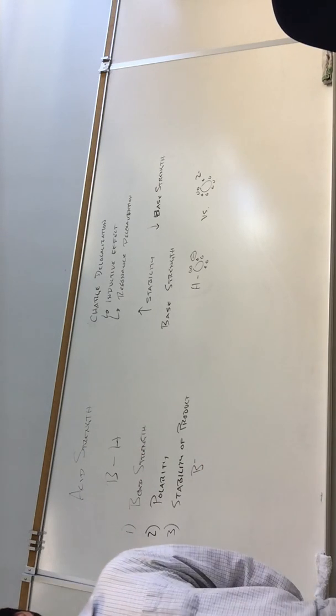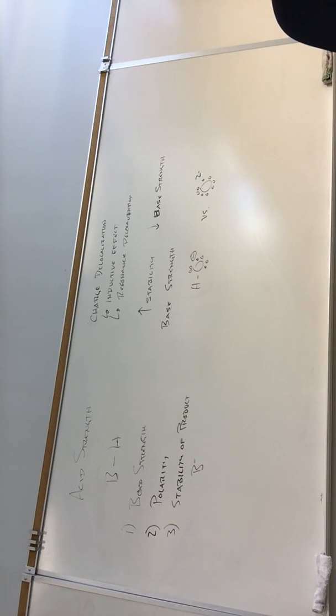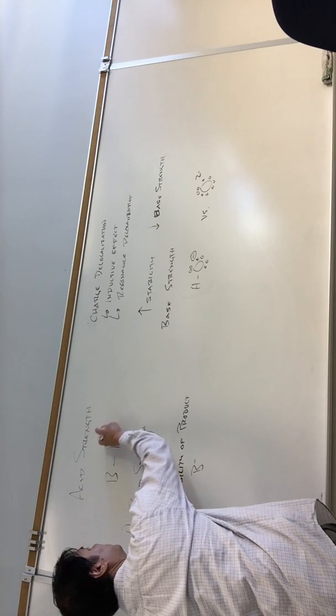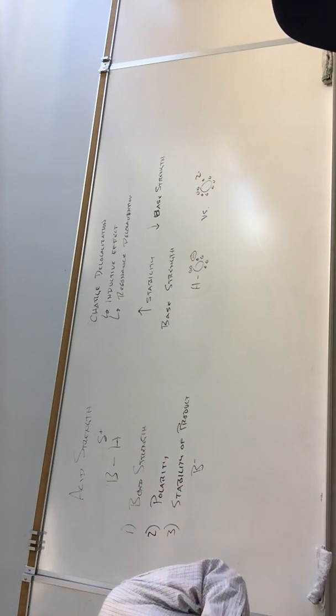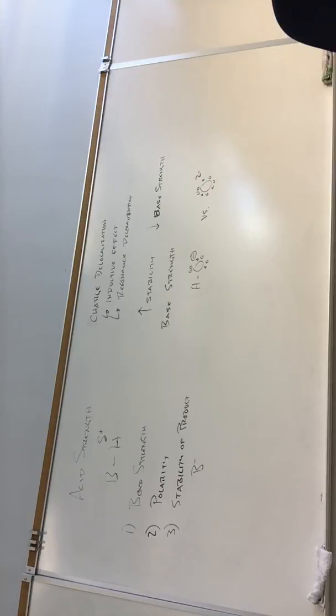You know, obviously the more positive that H is, the better. We need a delta plus on this. So this is just electrical interactions. You know, we think in terms of electrical interactions, we think in terms of charge density. And so which of these two bases would be more effective at pulling off a delta plus hydrogen?